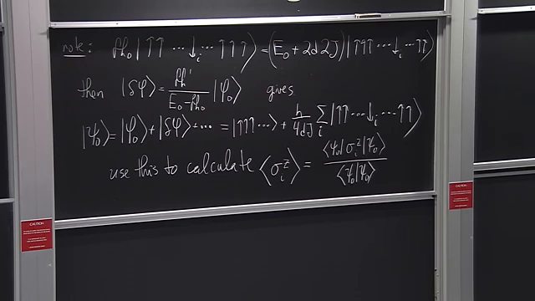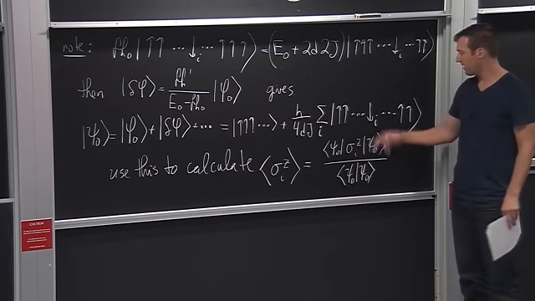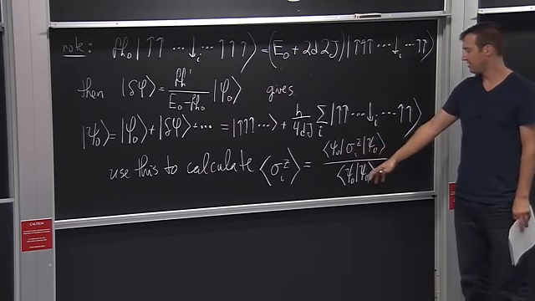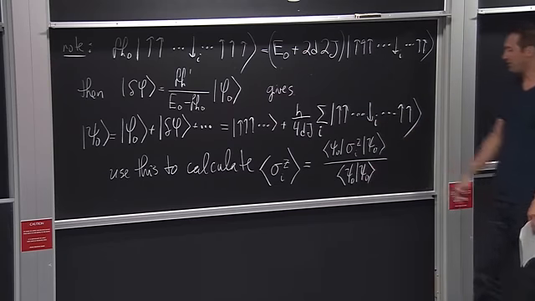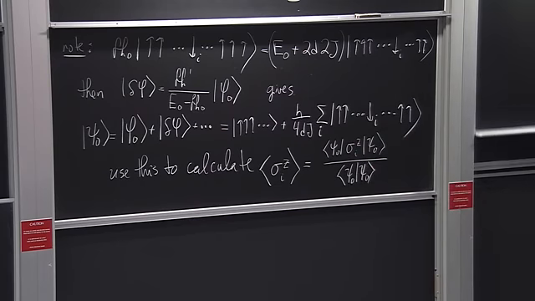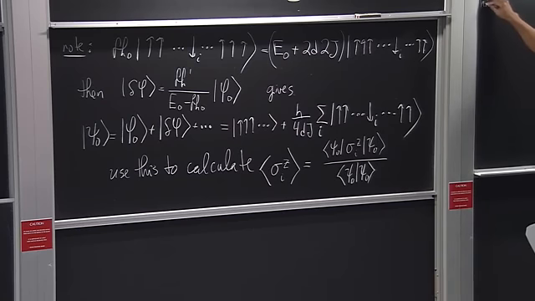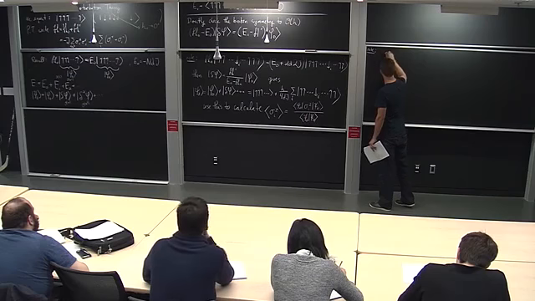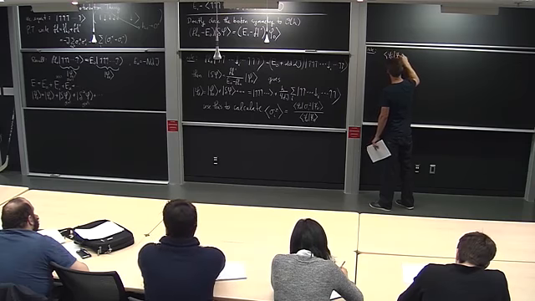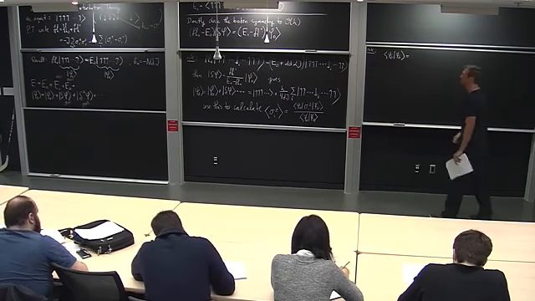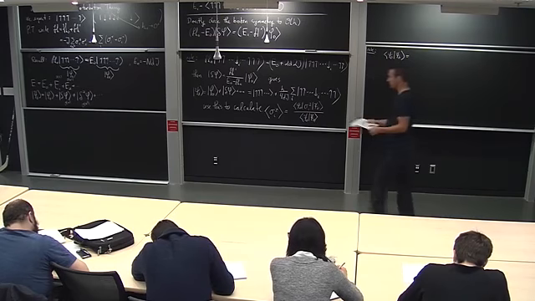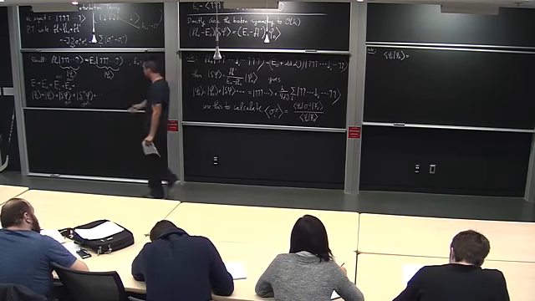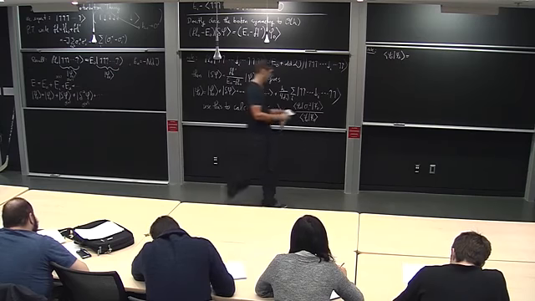Like that. Okay, so we need to take the state, operate on it by sigma z, and look at the normalization. So just remember when you're doing perturbation theory, that psi naught is basically given to you by that.